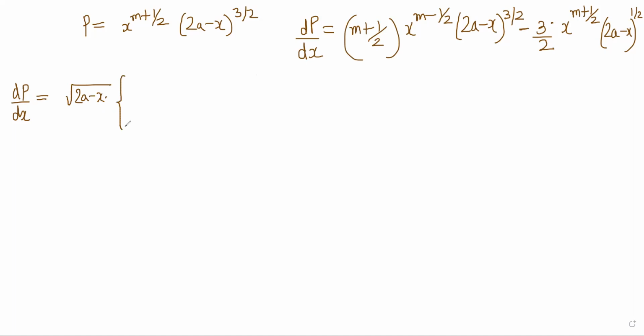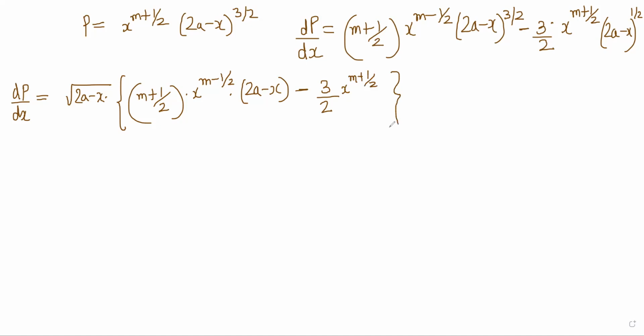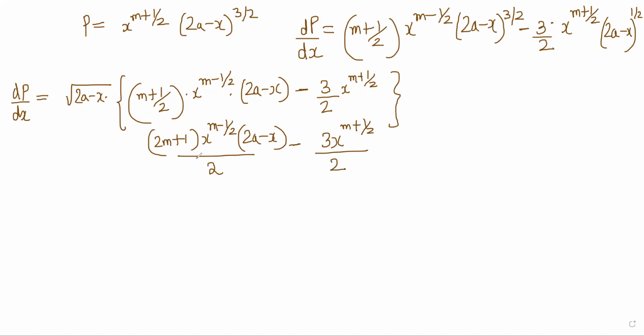So now what we have is (m plus half) multiplied by x power m minus half multiplied by 2a minus x, minus 3 by 2 x power m plus half, right? So simplifying this, you get (2m plus 1) x power m minus half multiplied by 2a minus x divided by 2, minus 3x power m plus half divided by 2, right?